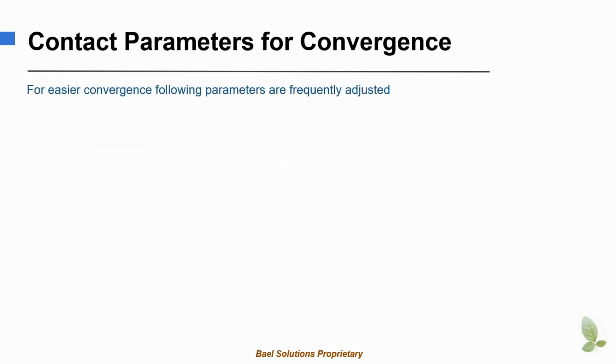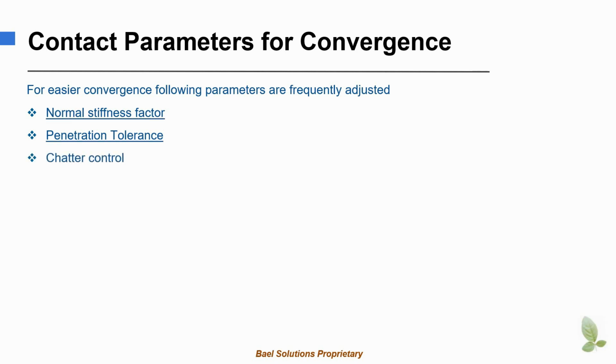Following parameters are commonly adjusted to facilitate better convergence. 1. Normal stiffness factor. 2. Penetration tolerance. And 3. Chatter control.